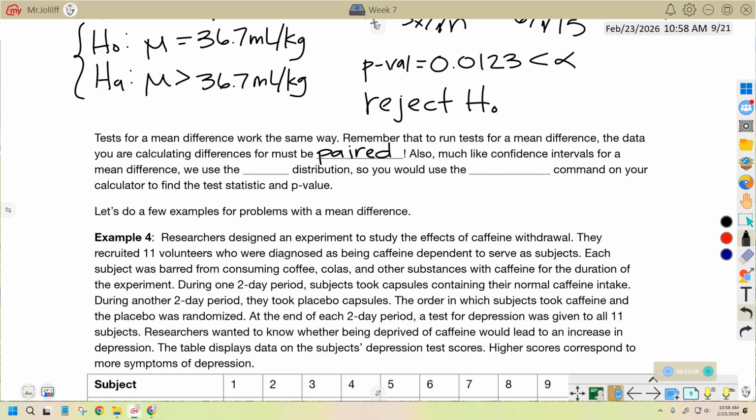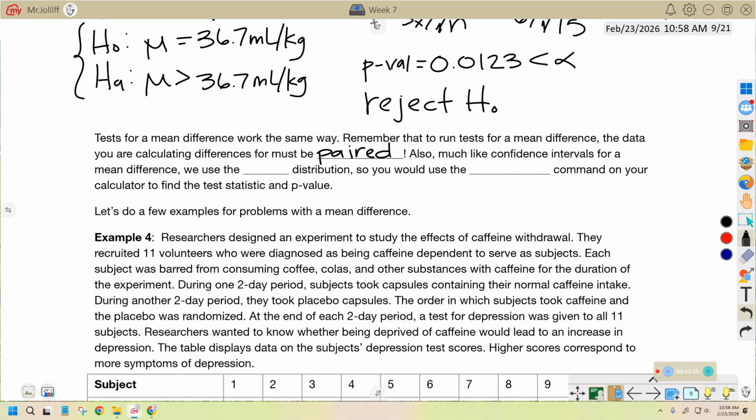And I'm generally looking at experiment data, not observational data. I gave somebody a placebo and then a treatment. I'm measuring their heart rate before and after a jog. The two data points are coming from the same person, they're tied together.